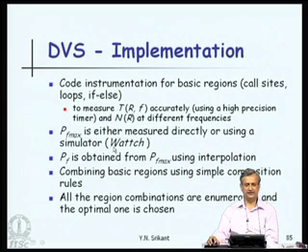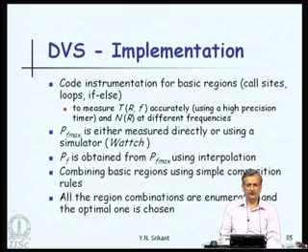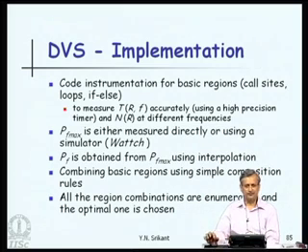P of f max is the maximum power consumption. This is a steady power consumption, let us assume that. So, once we know that the power consumption is steady, we can either measure it directly using a watt meter connected to the power supply, or we could use a simulator such as Watch to tell us what is the power consumption of the processor.